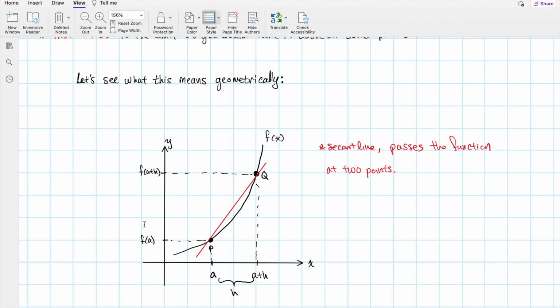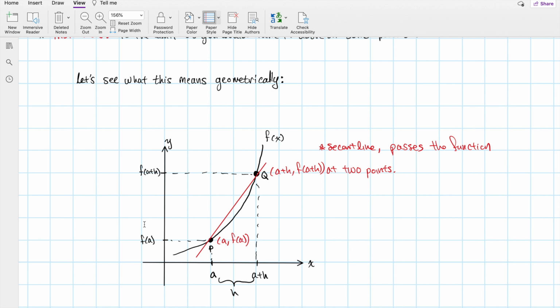So basically we're saying from the point here, which is a, f at a, notice that this is the x value, this is the y value, and then a plus h and f at a plus h. Again, x value, y value, we're just labeling simple coordinates in the form of x comma y.